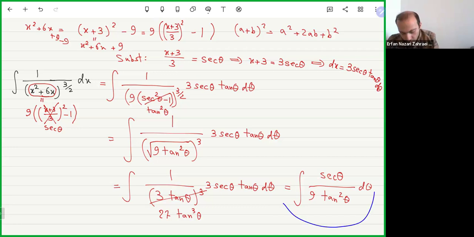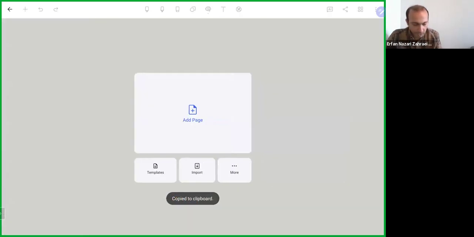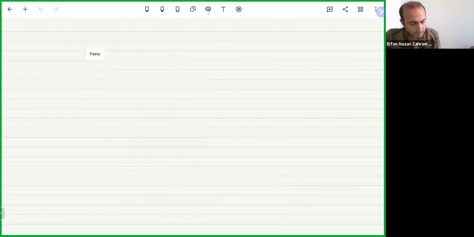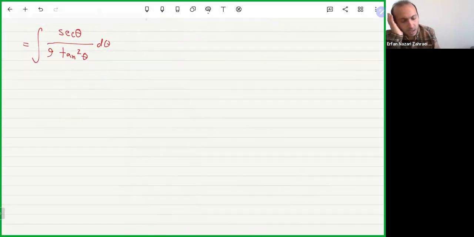Let's continue the computation of this on the next page. We had this. How do I compute this integral? It may look like exponent of secant and tangent, but tangent is in the denominator.